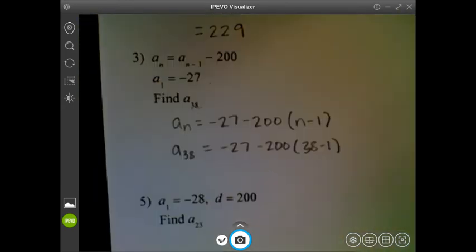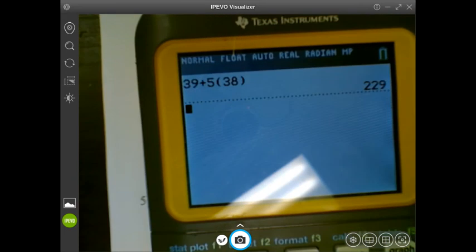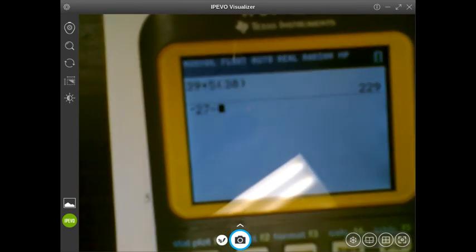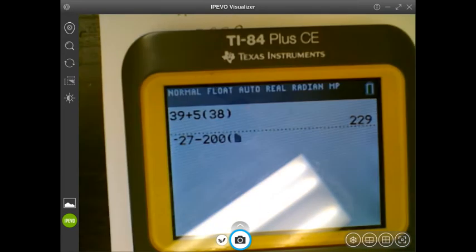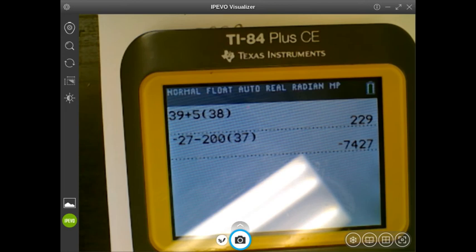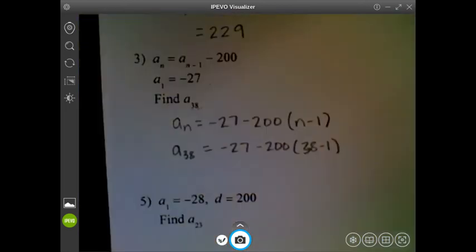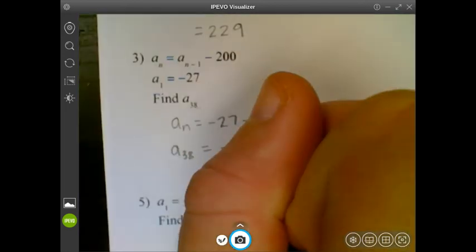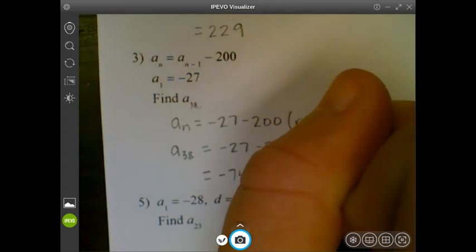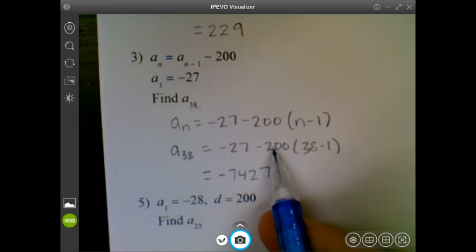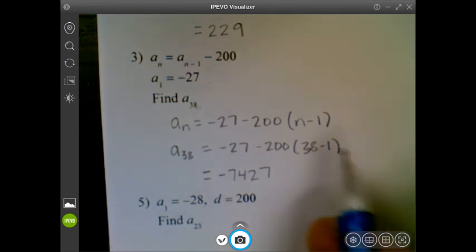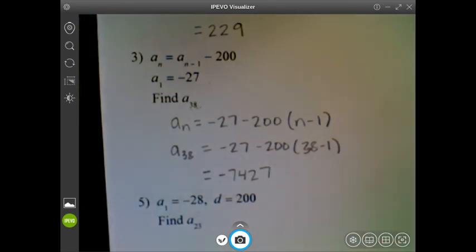Once again, you can just throw that in your calculator and let it do all of the work for you. So negative 27 minus 200 times 37, if you just plug in 37 there, that works really well. So negative 7,427. We would expect this number to be big because we're subtracting 200 and we're doing it 37 times, technically. So I think that number is pretty realistic.